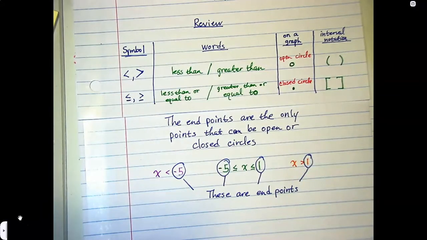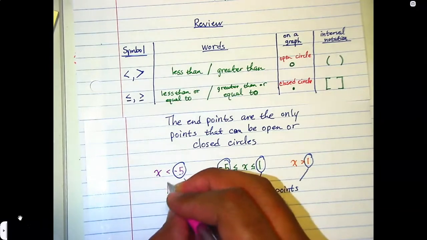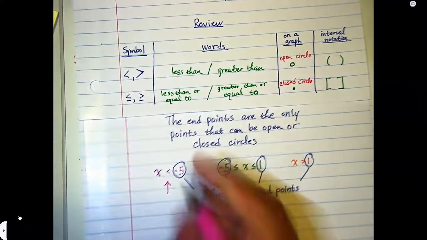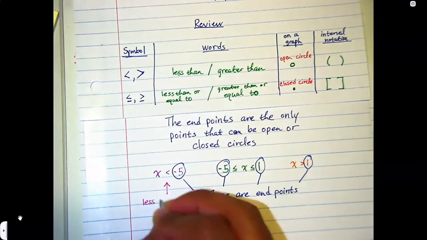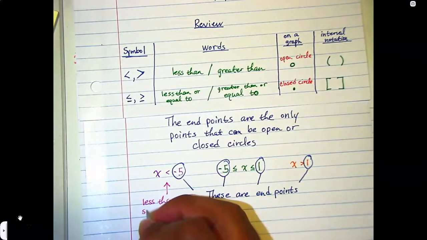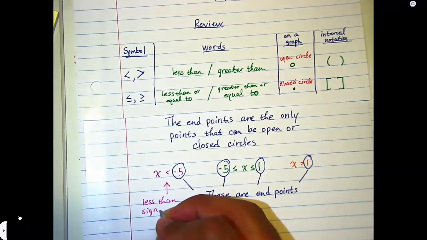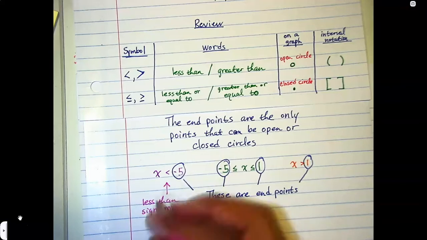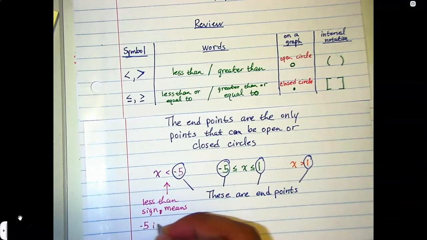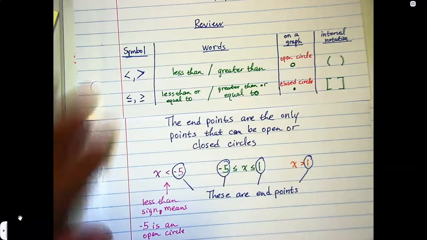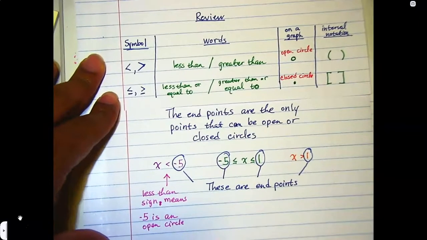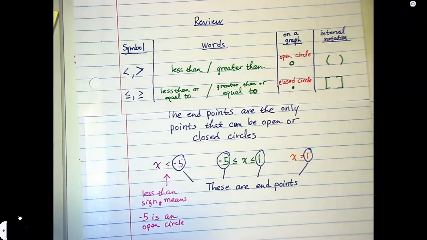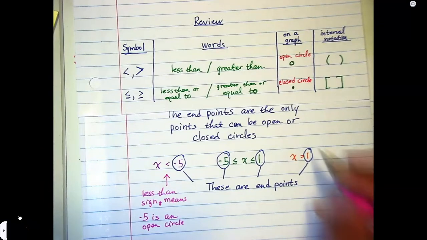So here, this is a less than sign, and that means -5 is an open circle. If you look back at the table, -5, 26 is an open circle.